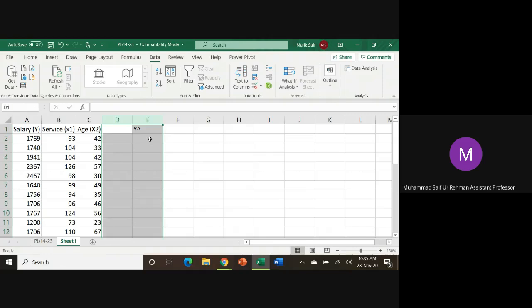Yes, I have found it in my notes. What is the value for beta 1? But that is a slightly complex formula. I'm going to write it down for you.